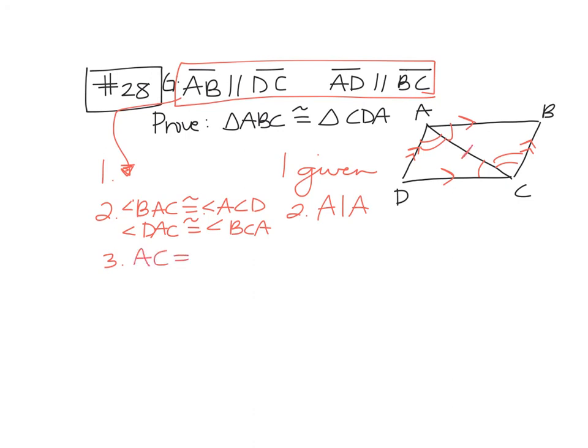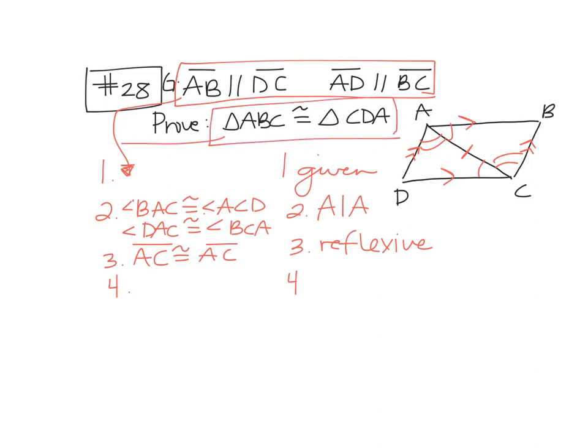So AC congruent to AC by the reflexive property, which means when you look at your picture, you see angle, side, angle on both of them. So we can say these 2 triangles are congruent by angle, side, angle.